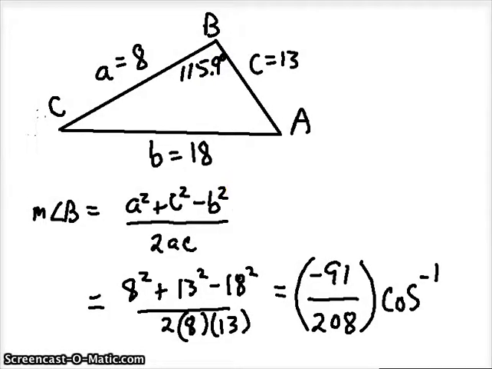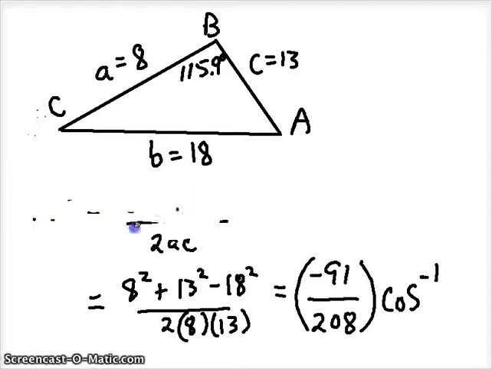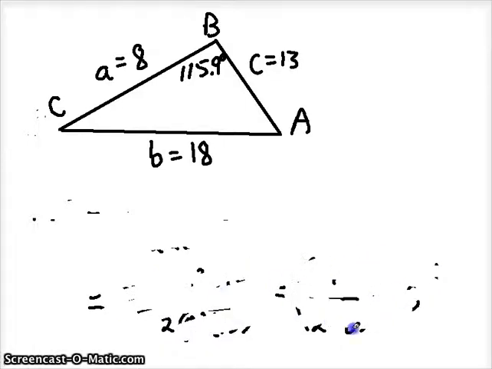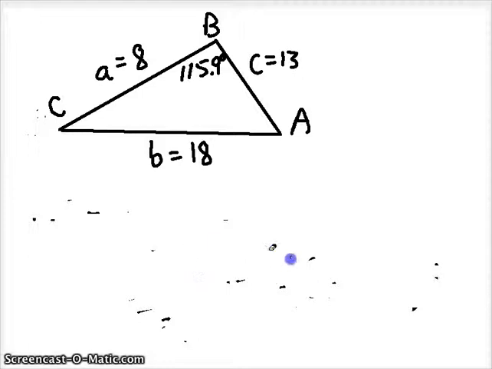So now we know one angle. Need at least one more before we can take a shortcut here. So I'm going to set up law of cosines in terms of another angle. It doesn't matter which one, either A or C. So I'm going to solve for angle C. I'm going to set it up.